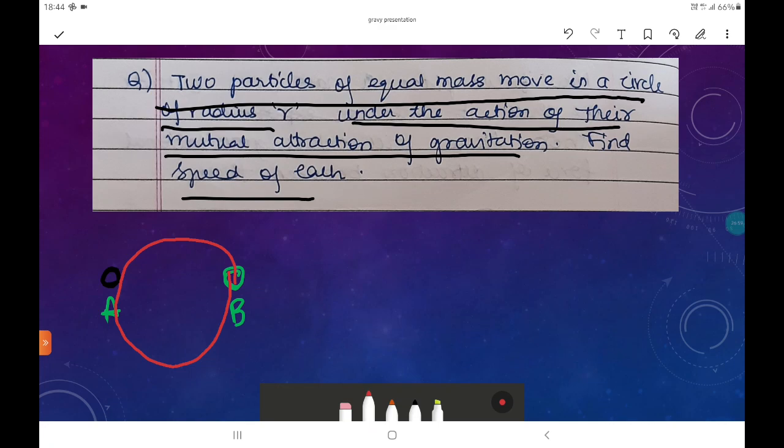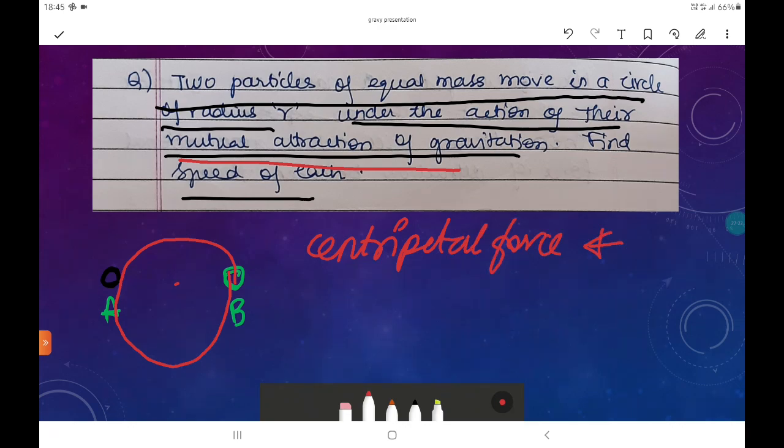So they are moving in a circle, which means when they are moving in a circular path, there must be a centripetal force. Centripetal force is not a new force, I said, it is the resultant of some force.